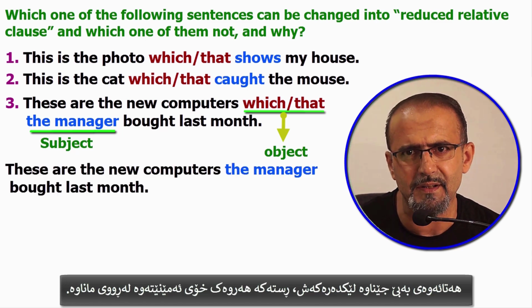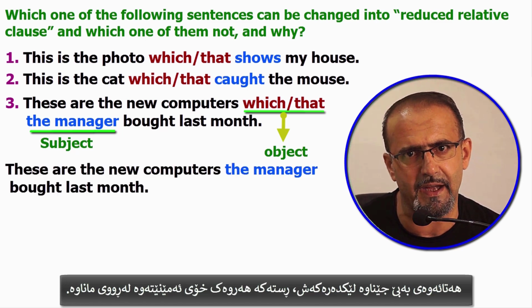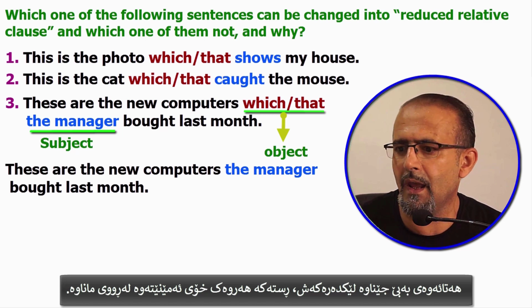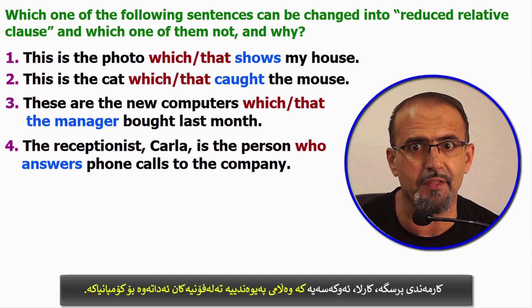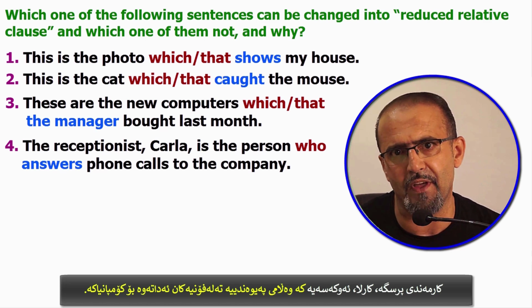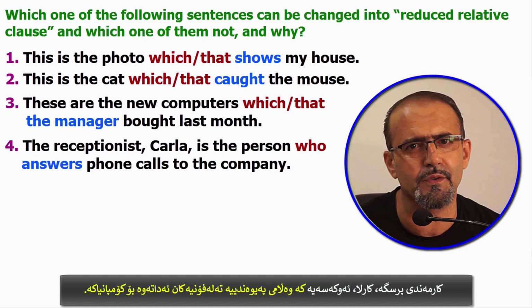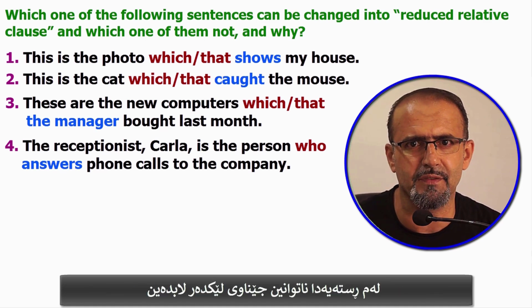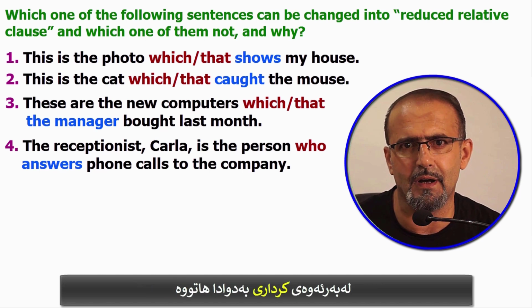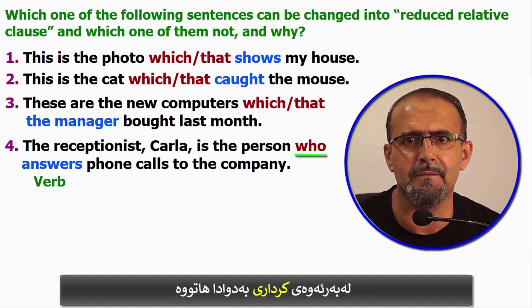Even without the relative pronoun, the sentence still stays the same. Number 4, the receptionist Carla is the person who or that answers phone calls to the company. In this sentence, we can't reduce the relative pronoun because it is followed by a verb.